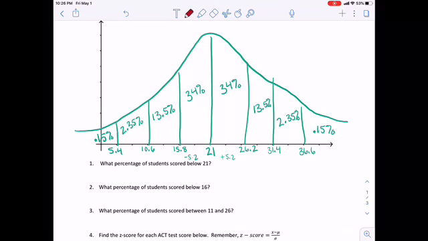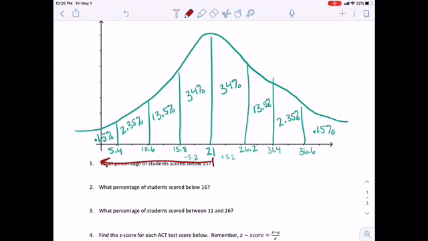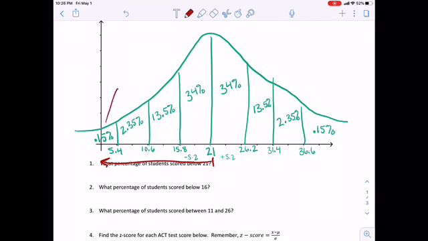And now that I have that filled out, I can go ahead and answer these questions. So notice the first question asked, what percentage of students scored below 21? So here's my 21 right here. And I want to know what percent of students scored below 21. Well, I can actually see by looking that that's half the curve, or 50%. But if I didn't know that, I could also figure that out by adding the 0.15% plus 2.35% plus 13.5 plus 34.